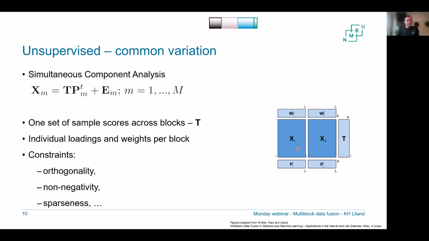Optimal scaling is also available in a multi-block version for this type of problem, and also nonlinear PCA you can find in this way. Yeah, but for the example, SCA is more than enough. And just as a side note, the original SCA was a variable mode connection. So this is the second edition.